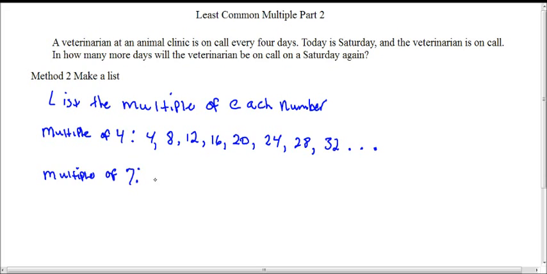Well, 7 times 1, 7. 7 times 2, 14. 7 times 3, 21. 7 times 4, 28. 7 times 5, 35. 7 times 6, 42. 7 times 7, 49.